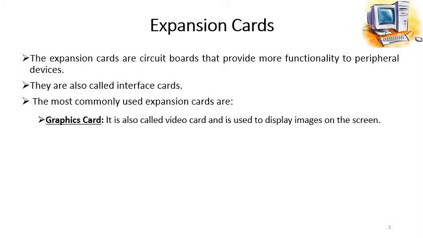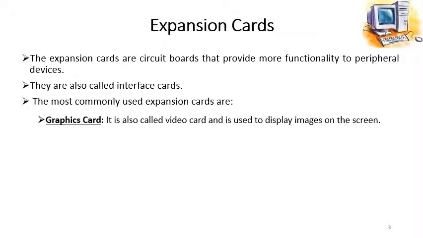First of all, the expansion cards. The expansion cards are circuit boards that provide more functionality to peripheral devices. They are also called interface cards. The most commonly used expansion cards are graphic card.